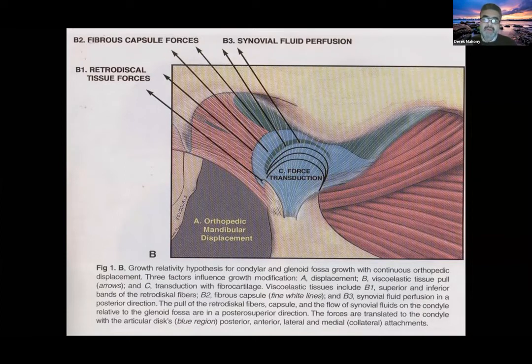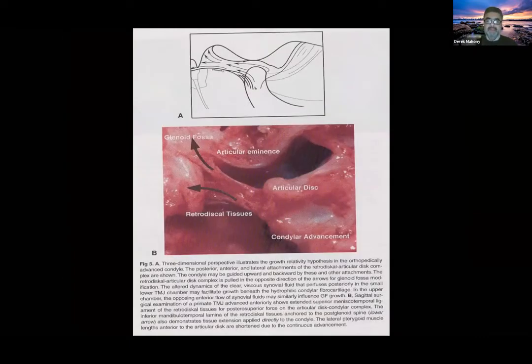So Von Drus and Kuftinec published this paper in the American Journal of Orthodontics, and they called it the growth relativity hypothesis for condylar and glenoid fossa growth, right? And they talk about doing multiple displacements so that you get more than one bite of the cherry. And they showed that in a three-dimensional picture.